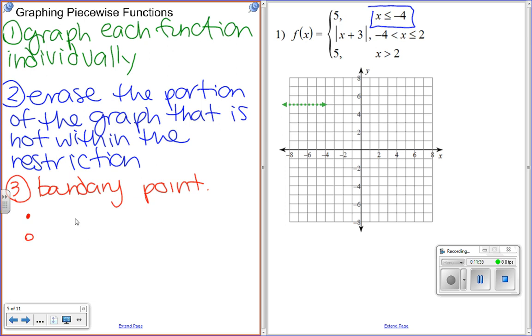If it is a closed circle, that means your inequality was less than or equal to or greater than or equal to. It has the equal to part under it. It's telling you it includes that point. If it is open, then it is either less than or greater than. So on this one, I'm going to fill in a closed circle right there on the -4, since this is less than or equal to -4.